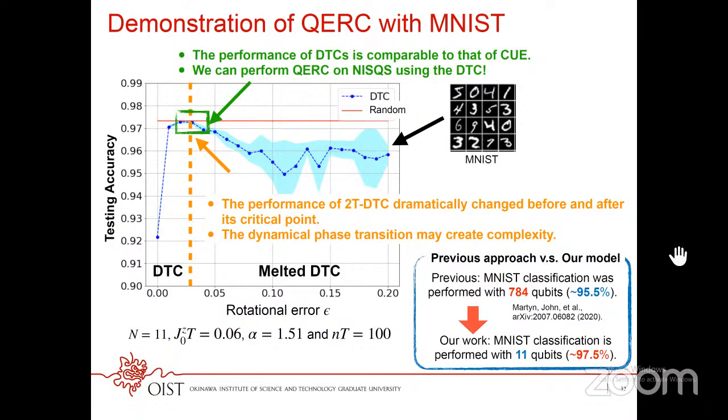Yeah, maybe just a simple one. In MNIST data, as you mentioned, you could achieve almost state of the art with only around 11 qubits. MNIST pictures, as we know, are 32 by 32 pixels.